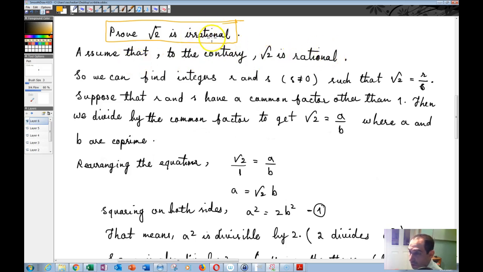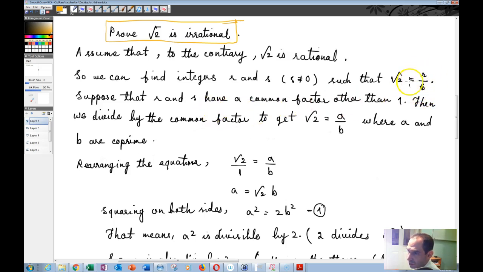We wanted to prove that it was irrational, so we assumed that it was a rational number. And so if a number is rational, based on the definition of rational numbers, you will be able to find 2 integers and express that number as the ratio of those 2 integers r and s.